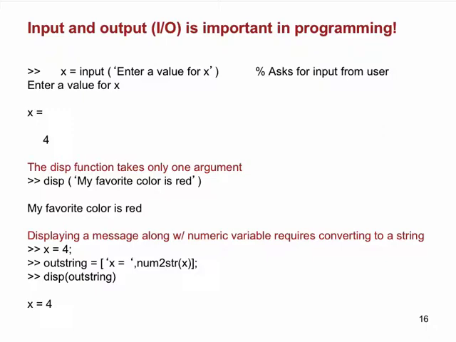I could convert it to a string for printing by saying number to string, NUM2STR. And then I can display that. So give this a try. Basically, a number in itself is not a string. If I want to display it using the display function, I have to interpret it as a string.